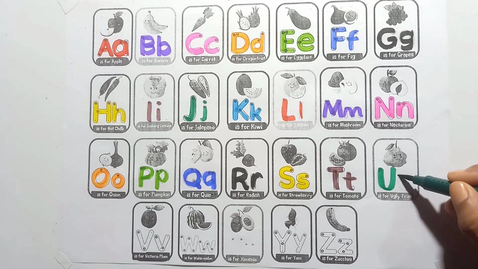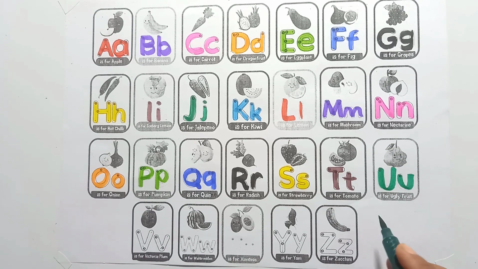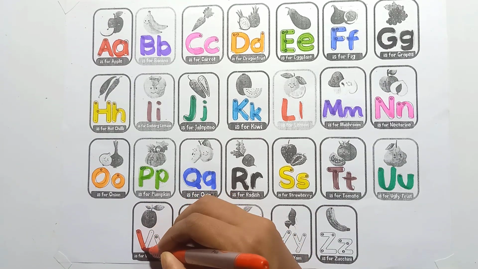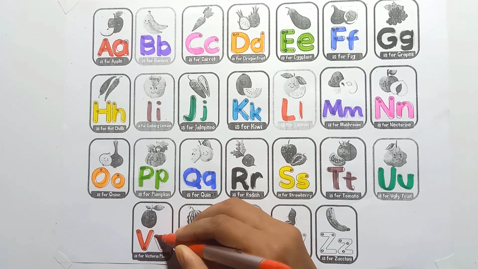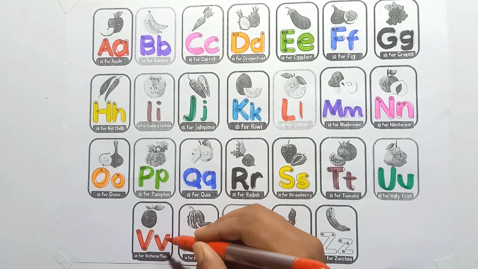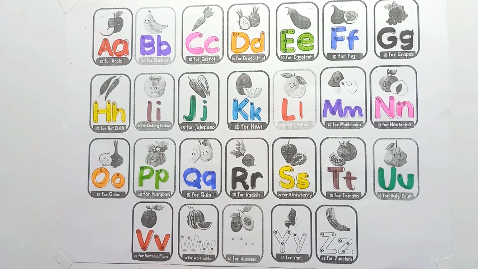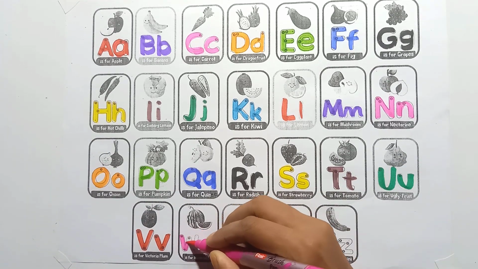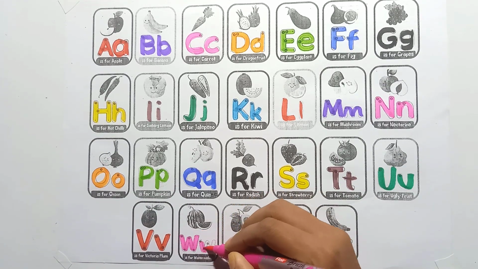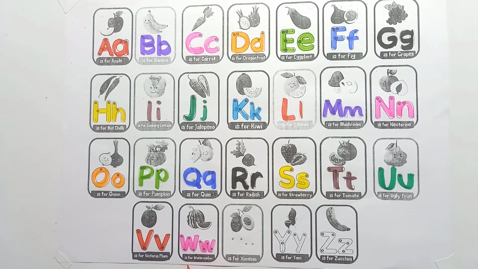U. U is for ugly fruit. V. V is for Victoria plum. W. W is for watermelon.